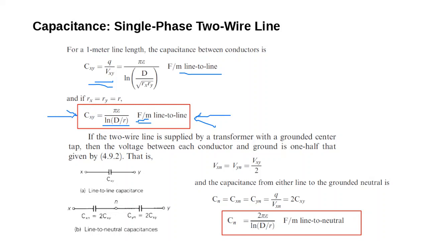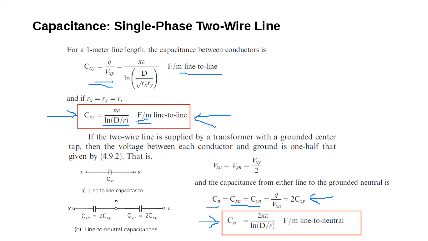And then that's it. We can also determine the capacitance to neutral. We just multiply by 2. So the C neutral is 2 times Cxy. Where do we get this? Here we get it like this: Cxn equals Cyn.